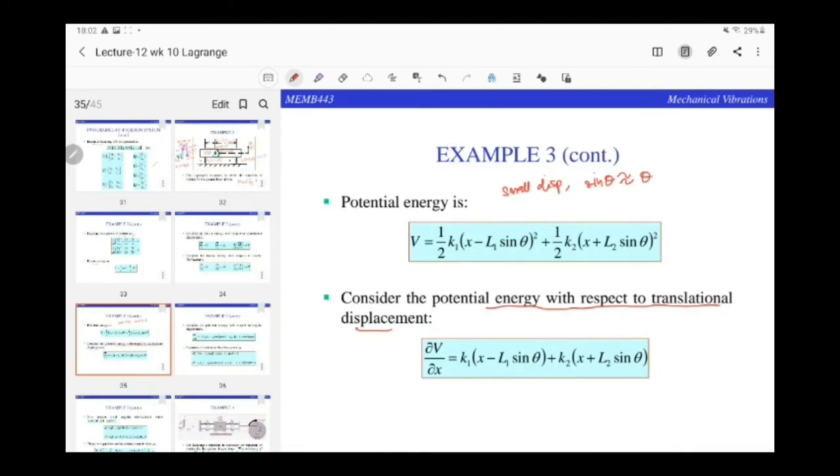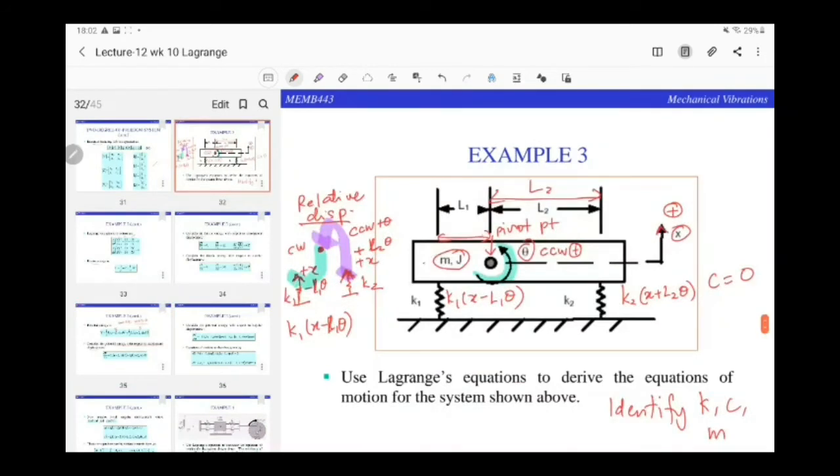That is the assumption throughout these courses. So that's why L1 sine theta is basically L1 theta. So instead of just writing kx squared, now we have it in terms of relative displacement for both sides, which we derived from this method of determining the relative displacement.